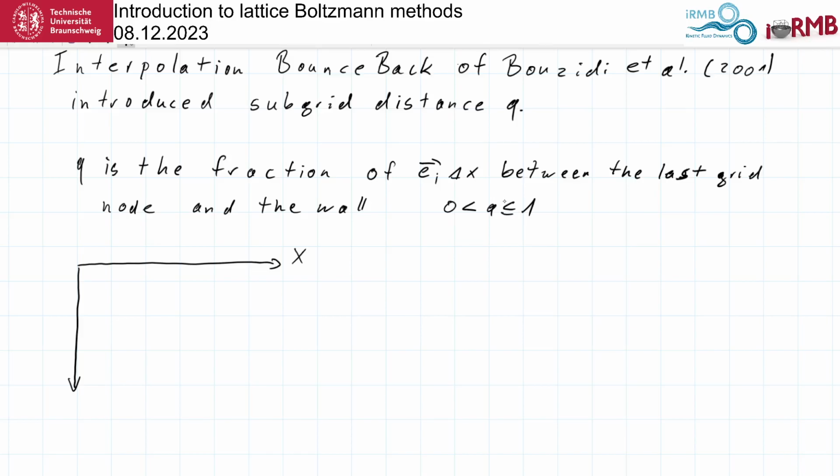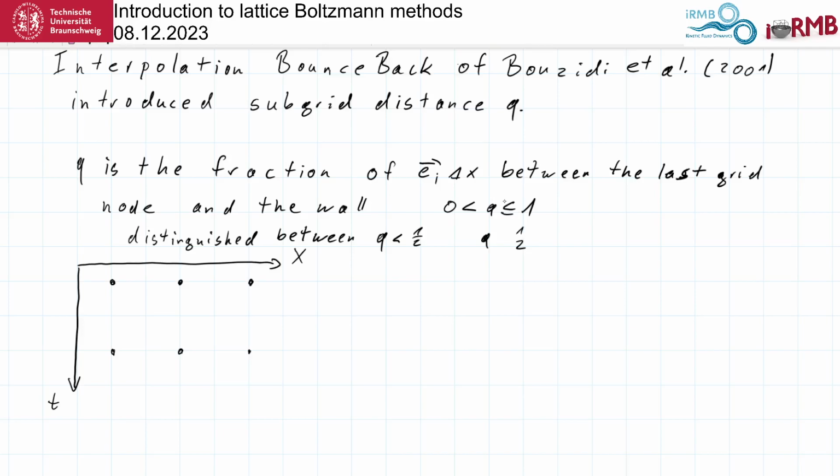Here again we have x and here we have t, and we'll have our nodes. He distinguished two cases, namely the one where q is smaller than 1/2 and where q is either 1/2 or larger than 1/2.